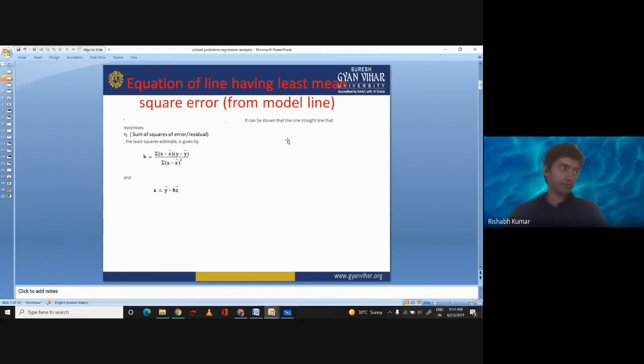For that distance to be minima, the derivative should be 0. So we put it to be 0, and that gives us this equation. We are not going into the derivation. You simply remember that this equation for slope is available to us by the derivation through least mean square error.